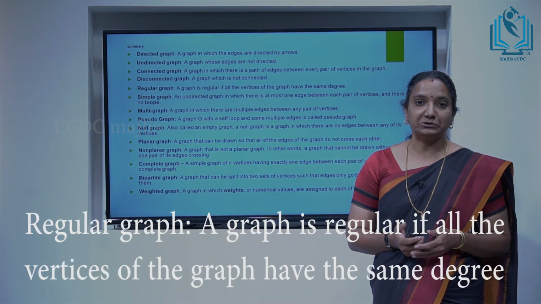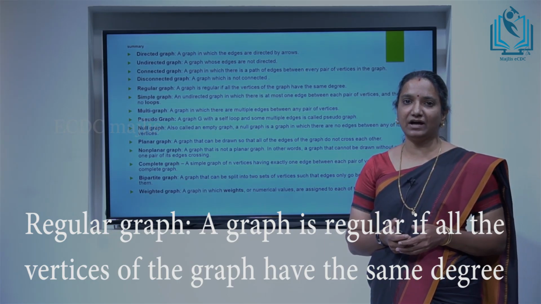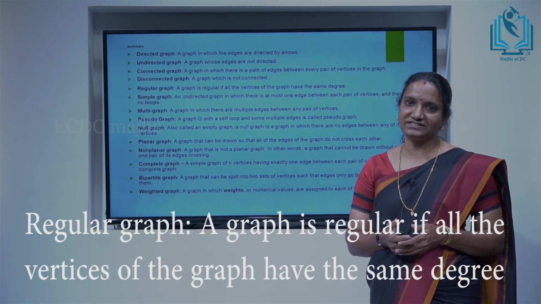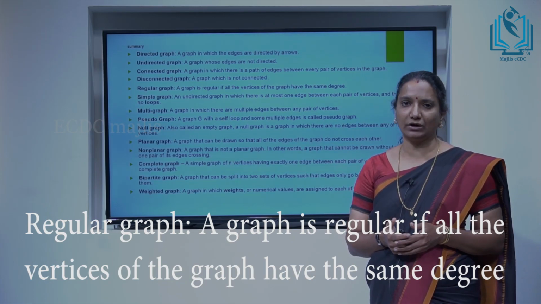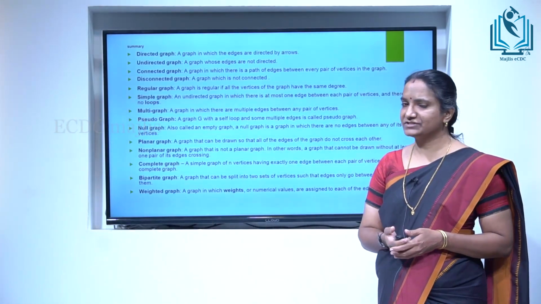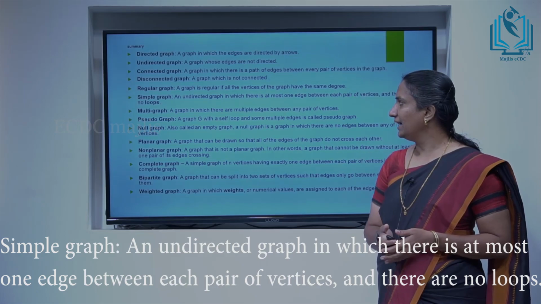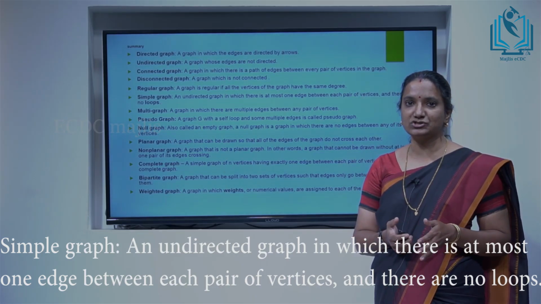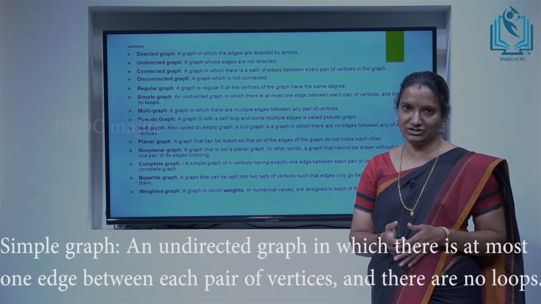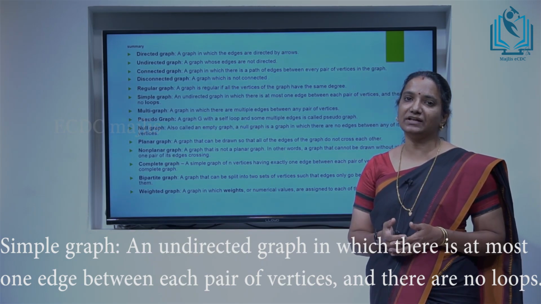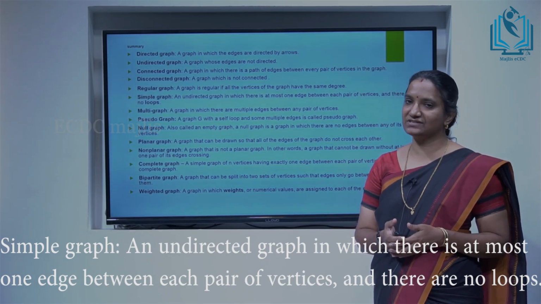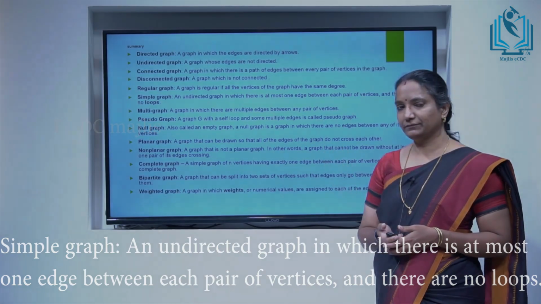Next, regular graph. A simple graph in which each vertex has the same degree is called a regular graph. Next, simple graph means an undirected graph in which there are no loops and multiple edges. It has only a single edge between vertices.